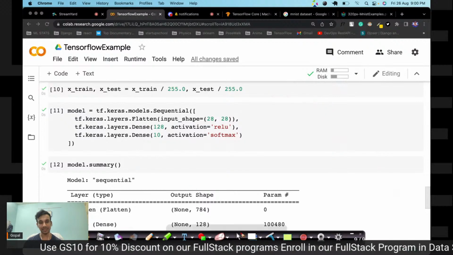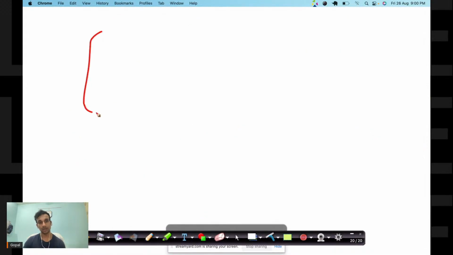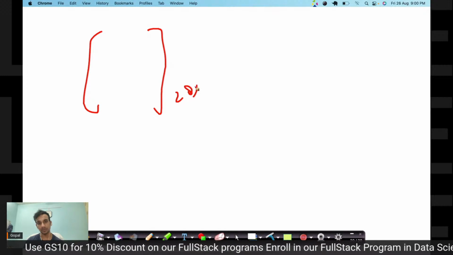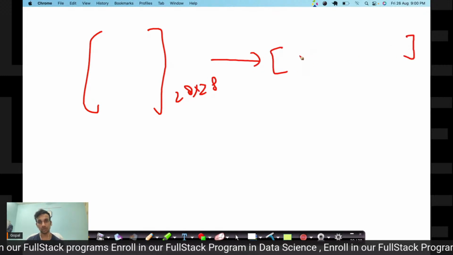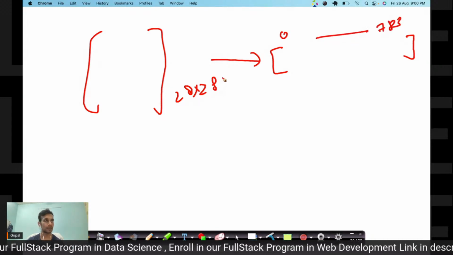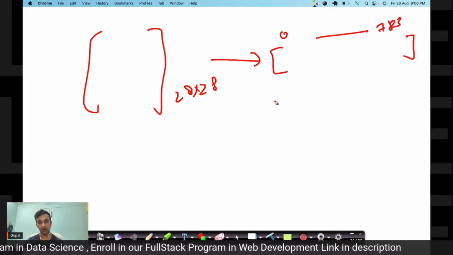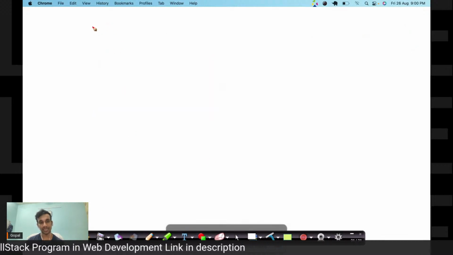So we have this 28 cross 28 image, and we are flattening those values out, from 0 to 783.